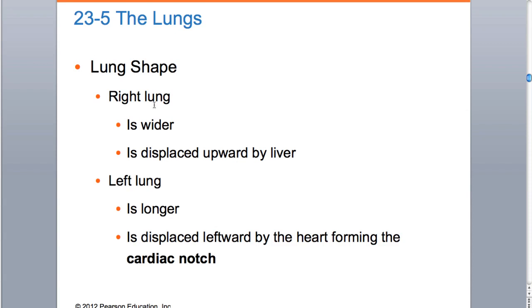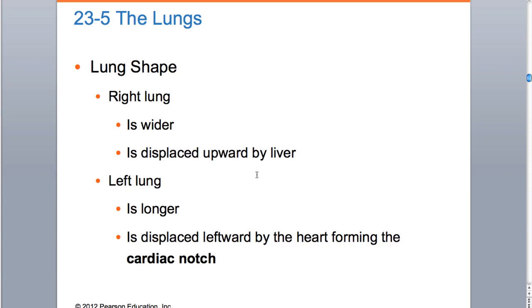Lung shape. The right lung is wider, and of course it is pushed upward by the liver. Now where will you really see this? It's nice to see it as a slide, it's nice to see it as a picture in our PowerPoint, but it's best to see it on the model during lab day.